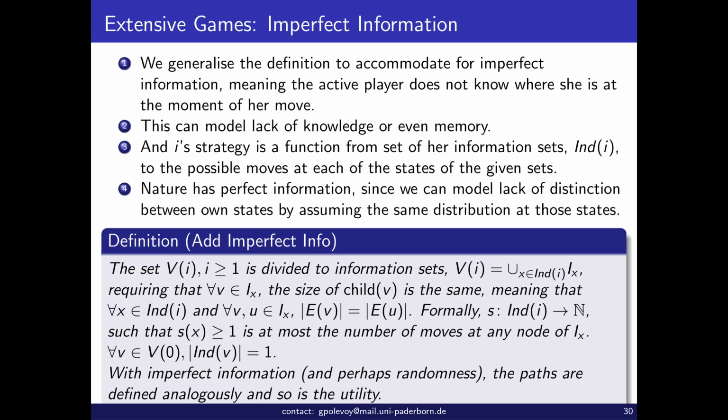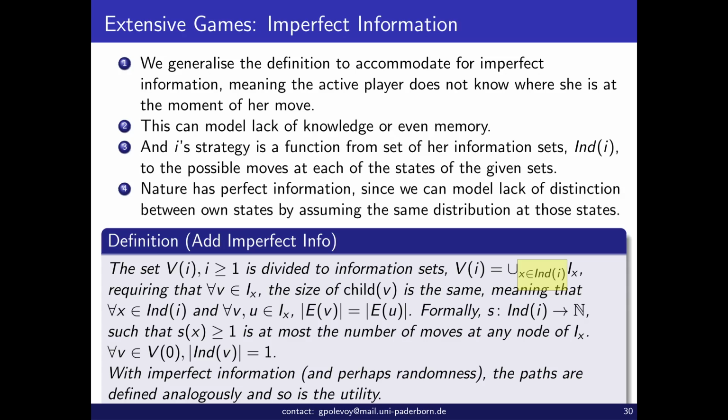So for any set of player i's actions, Vi, we divide it in the mathematical sense so that Vi is a disjoint union of non-empty sets, the sets Ix, and we index them by the index set I. The index set I indexes all the information sets of player i.